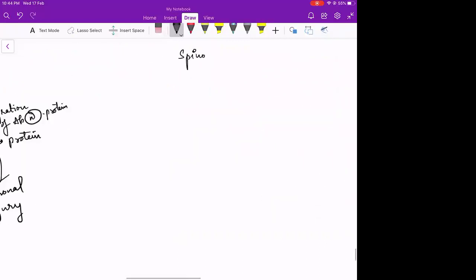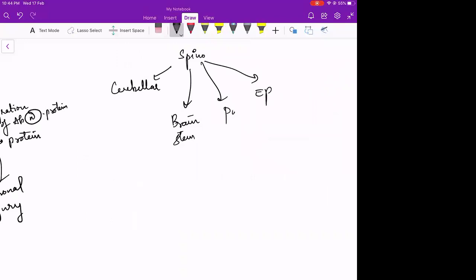So spinocerebellar ataxia will have cerebellar, brainstem, pyramidal, extrapyramidal, and lastly spinal cord symptoms, that is peripheral neuropathy. And another important one which I forgot was ocular symptoms also.